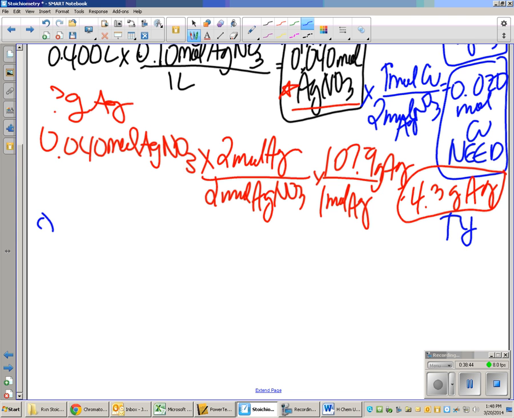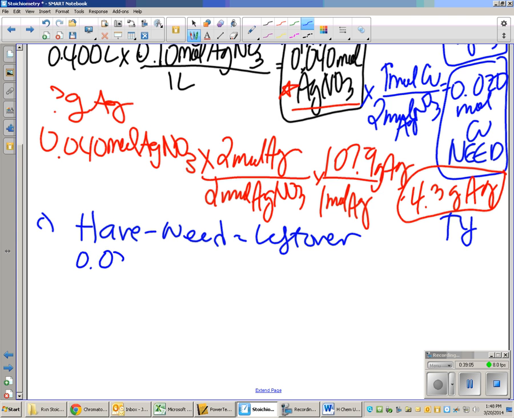All right, part C asks for what? How much do you have left over in excess? All right, use your excess reagent. Copper. So how did you do this before? Have minus need gives you leftover. How much did you have of your copper? 0.0393 moles of copper. How much did you need of copper? 0.02 moles of copper.